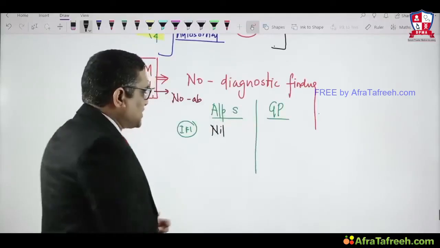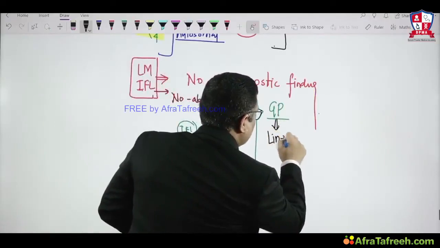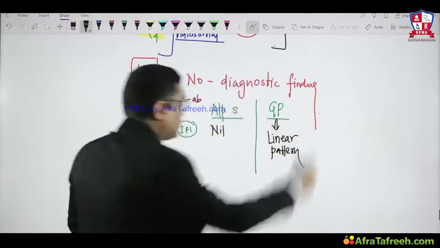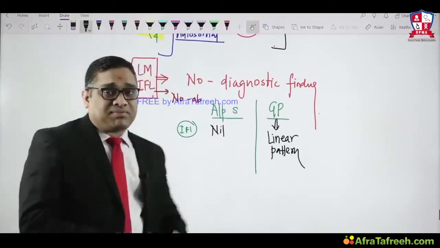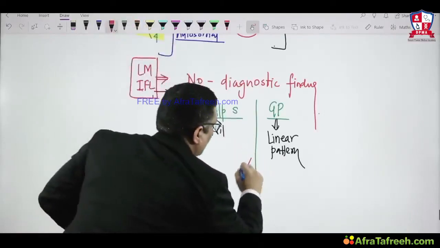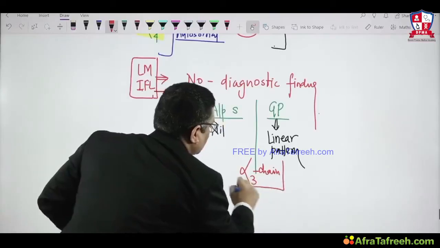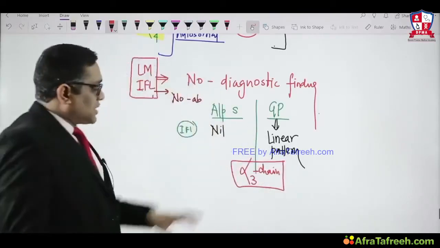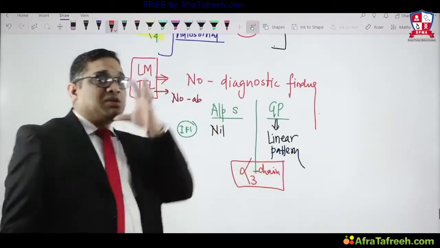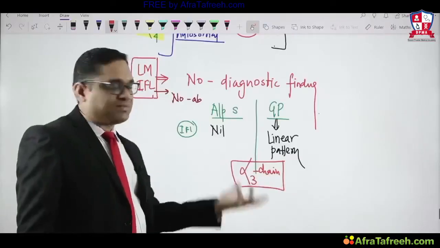Whereas in Goodpasture syndrome, you will notice a linear, ribbon-like pattern of immunofluorescence. So that is the basic difference, because both involve the alpha 3 chain of the non-collagenous domain of type 4 collagen. So we need to discriminate on the basis of the pathology. No antibody, so immunofluorescence will not detect it.